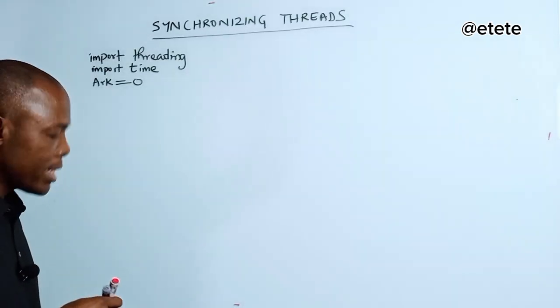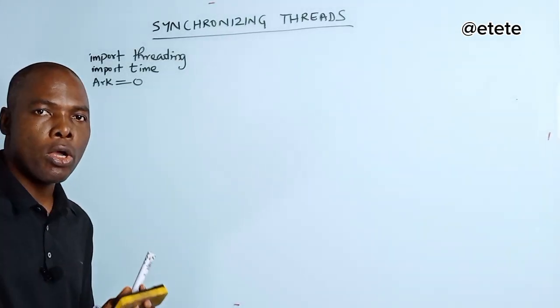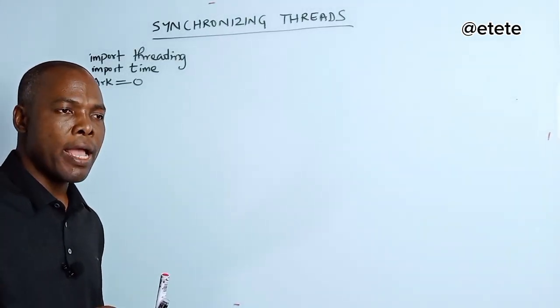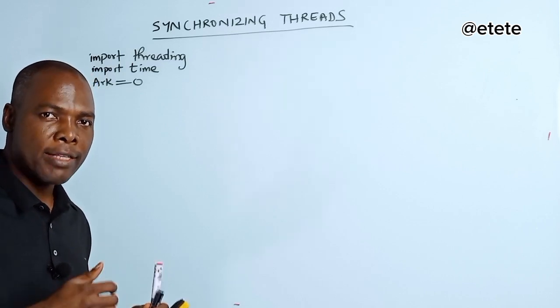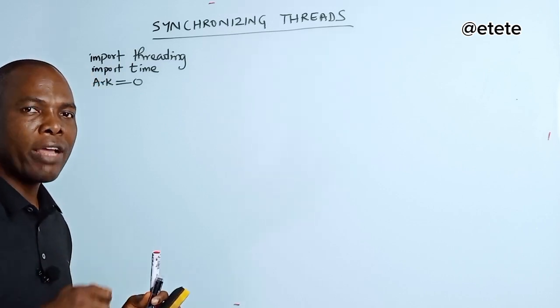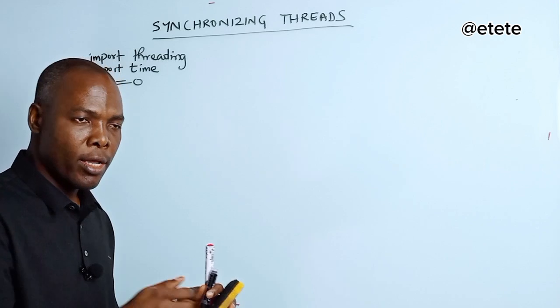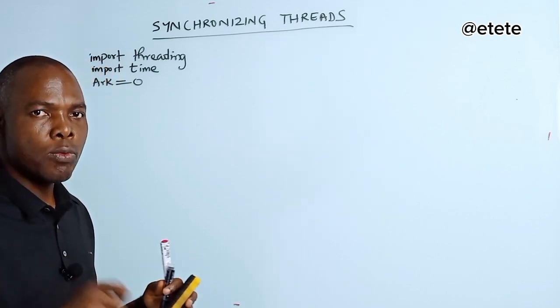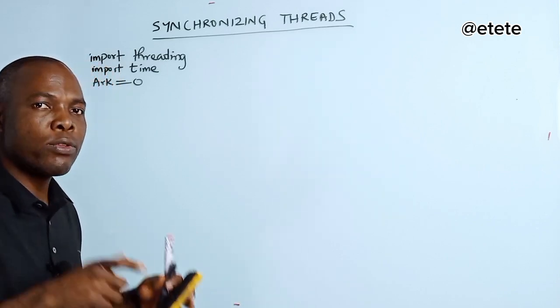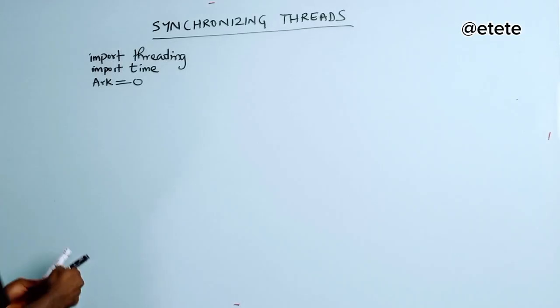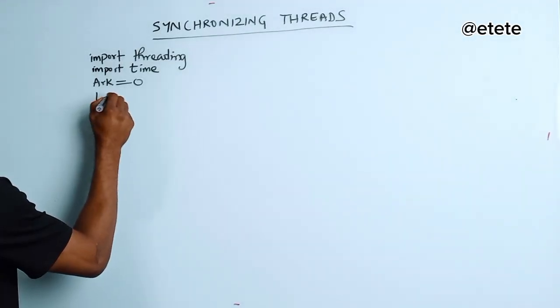Then the next thing is what? We are going to create a lock, just like a key, to enter into a place. Without that key, you cannot gain access. Whoever has the key will open the door and then go in. So we have to create a lock. So we'll create a lock object.